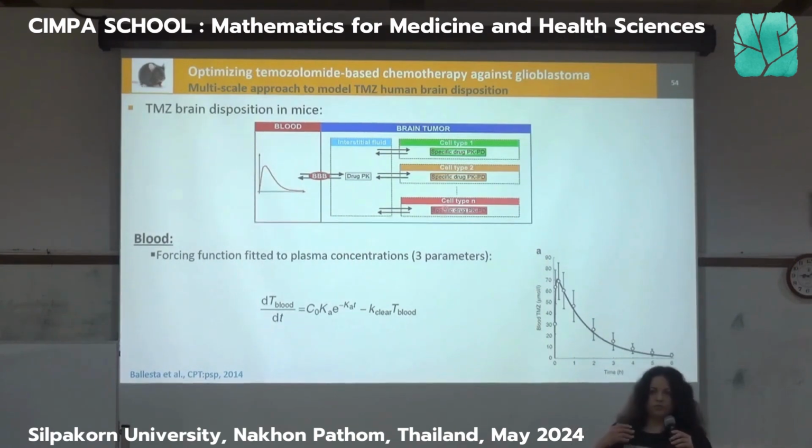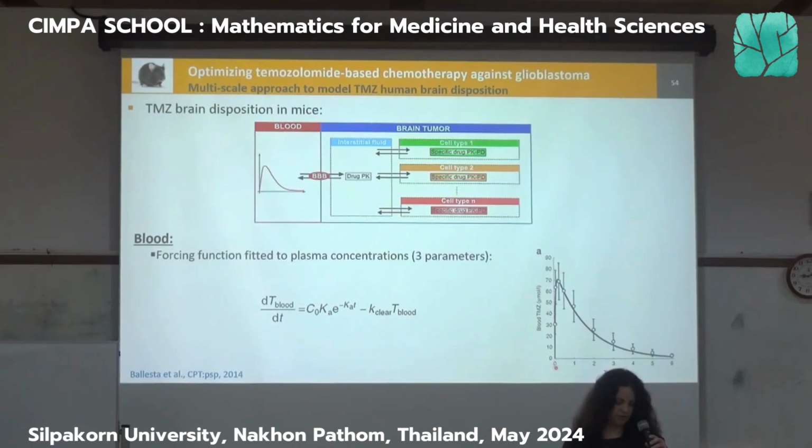In order to model this, and very often in the absence of precise data for the rest of the body, we put a forcing function in the blood. That is not a mechanism-based model. It's just a model that is here to represent the shape of the data.